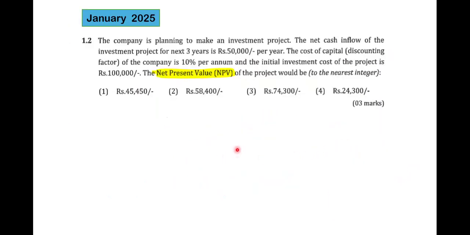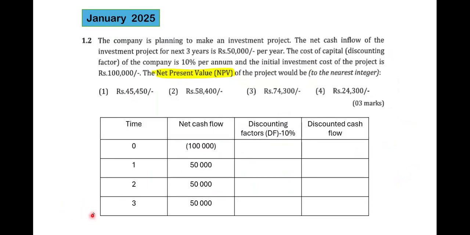Then if you want to find the NPV, you will have to prepare a table like this: time, net cash flow, discounting factor DF, discounted cash flow. Now, what is net cash flow? Read the question.